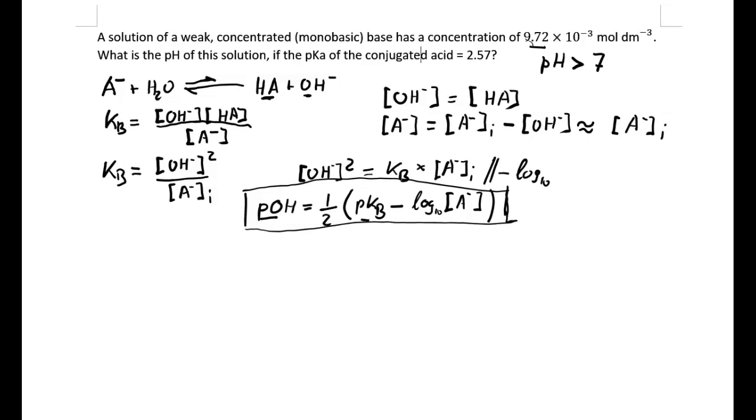But unfortunately we are not looking for pOH, we are looking for the pH. And we can use the equation pH plus pOH equals 14. So we can convert the pOH into a pH, and we can also convert pKb, because we don't have a pKb, but we've got pKa.